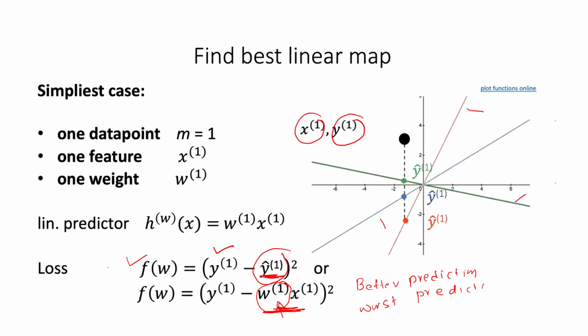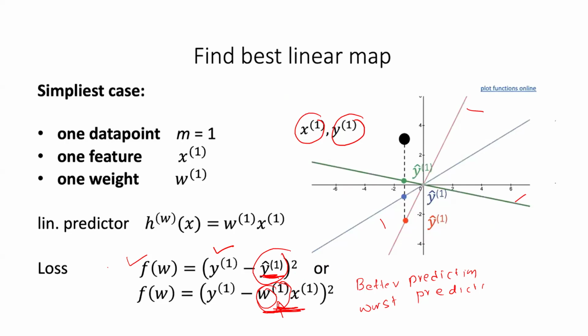Here you can see that w is the parameter. If I want to find the best linear map, I have to change this parameter w, which means changing the weights.